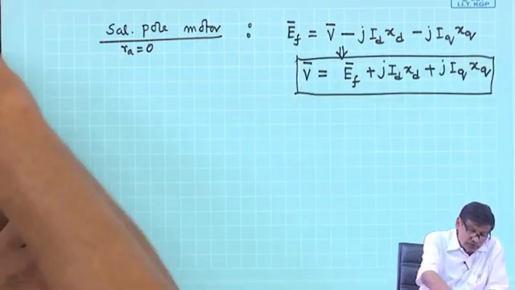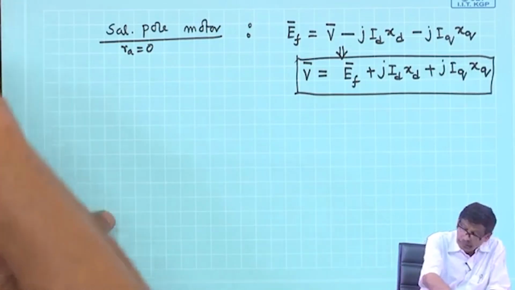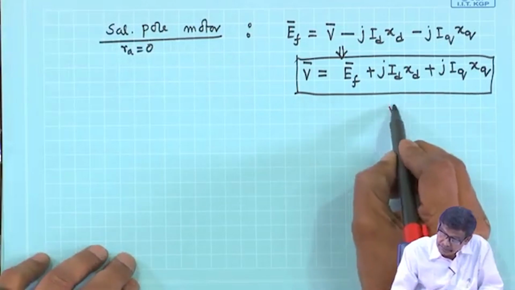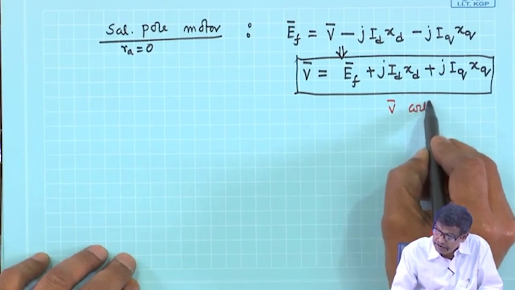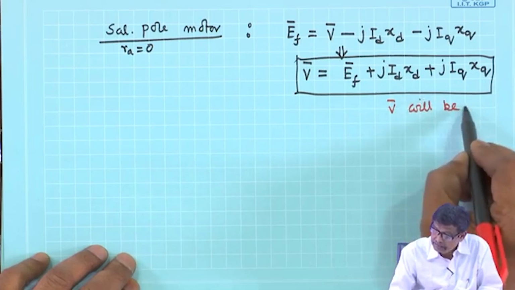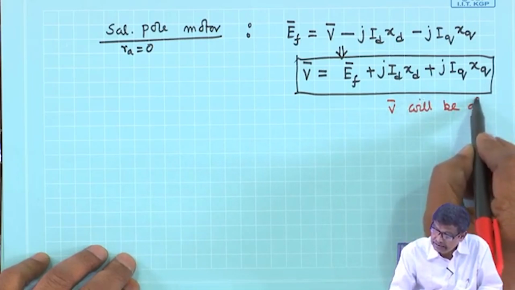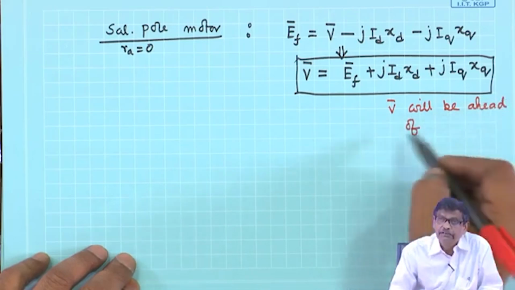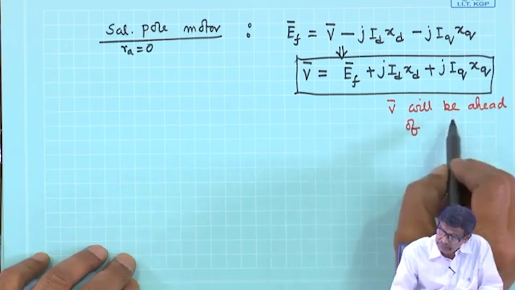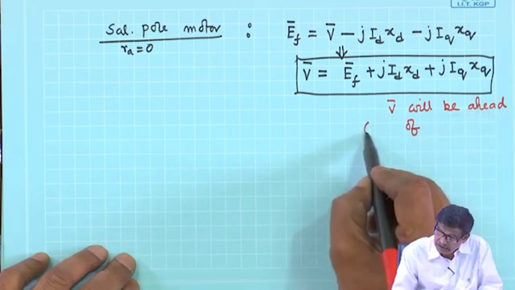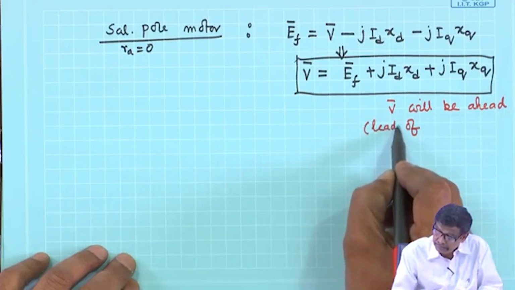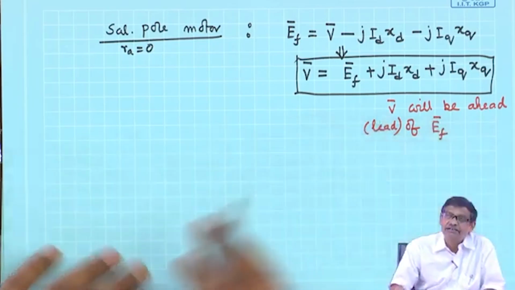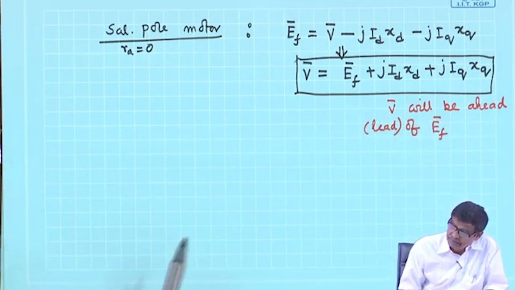Now, how to draw the phasor diagram? In case of motor mode, always remember V will be ahead of, or will lead, EF. That is the thing we have seen.